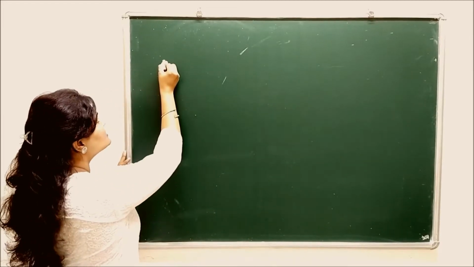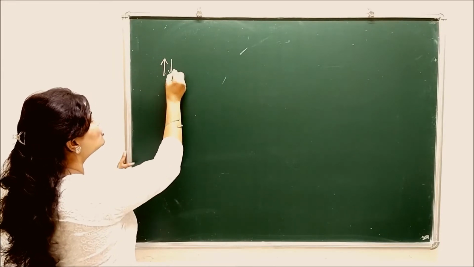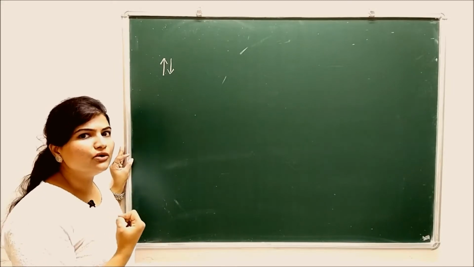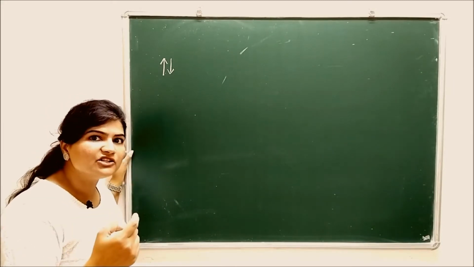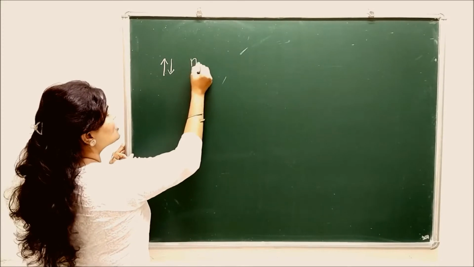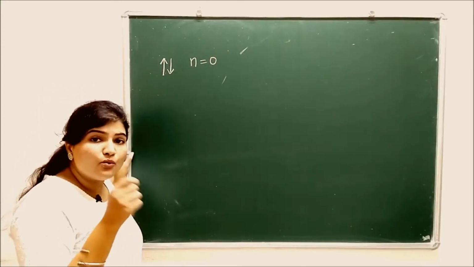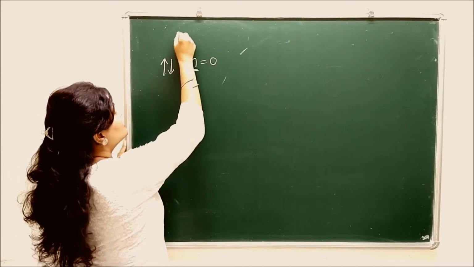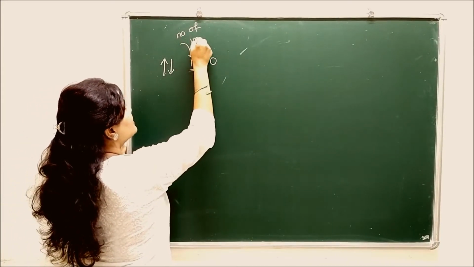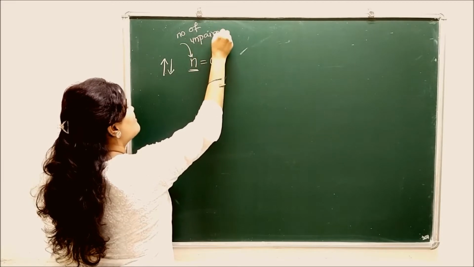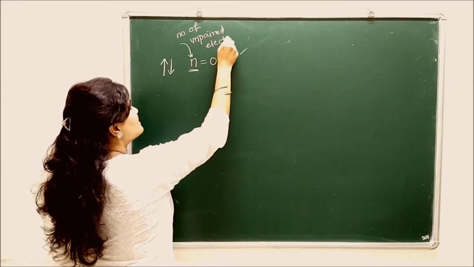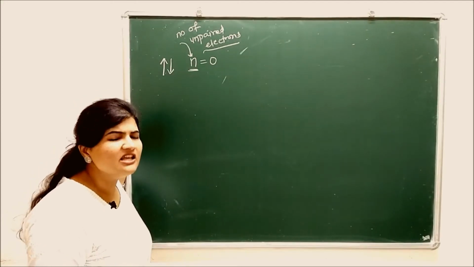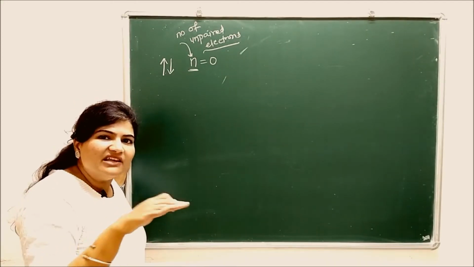Suppose this is the orbital where two electrons are there, but they are paired. In this scenario, how many unpaired electrons are there? Zero. So n becomes 0. Now this n is the number of unpaired electrons in the absence of a magnetic field. So this number of unpaired electrons can clearly give you an indication of degeneracy, meaning the number of equal energy states.